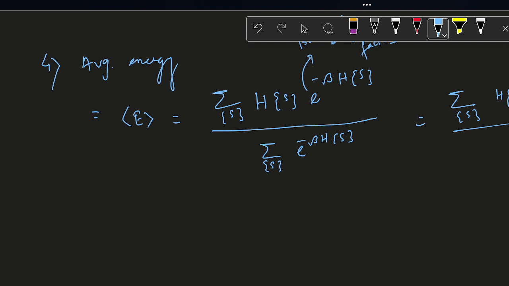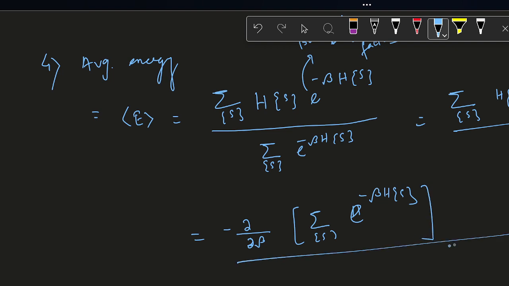Basically on the numerator, if you look closely, it is an expression similar to minus del by del beta of the sum over S of e to the power of minus beta H of S, divided by Z. If you take e to the power minus beta H summed and take a derivative with respect to beta, you take out the term minus H of S to the front.